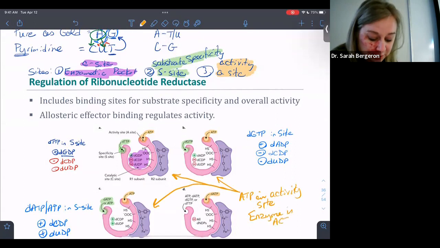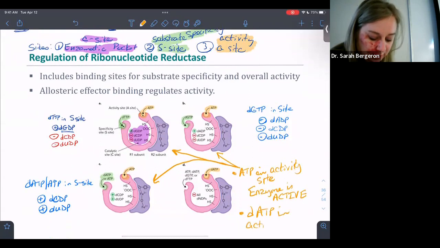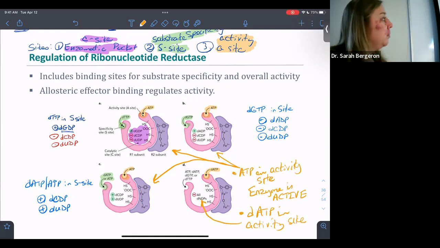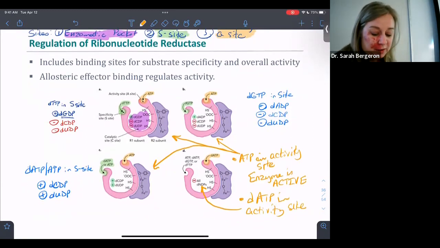Enzyme is active. Okay, now what happens if we put DATP in the activity site? And that is only here. Everything's inhibited, which means you are doing what to the enzyme activity?